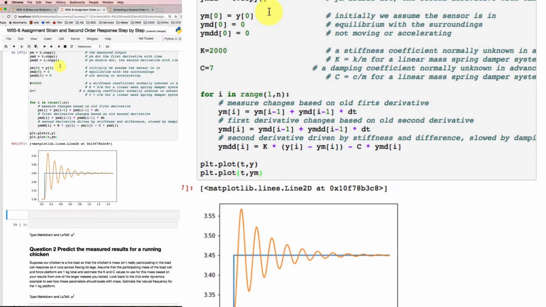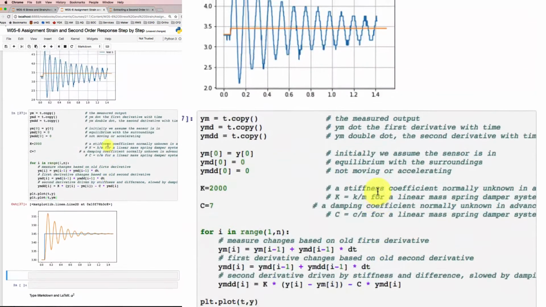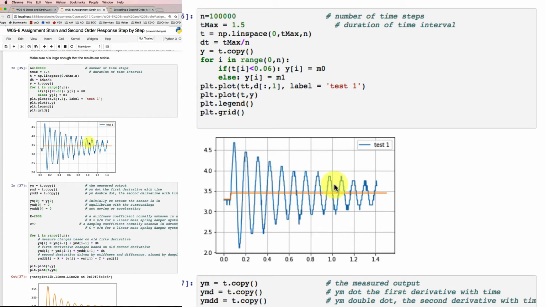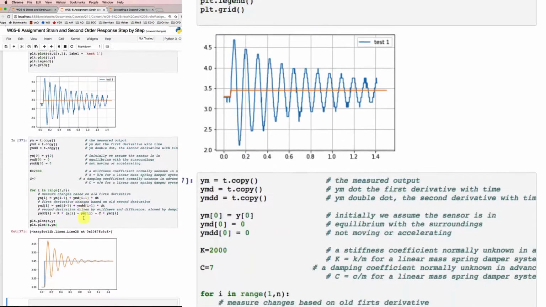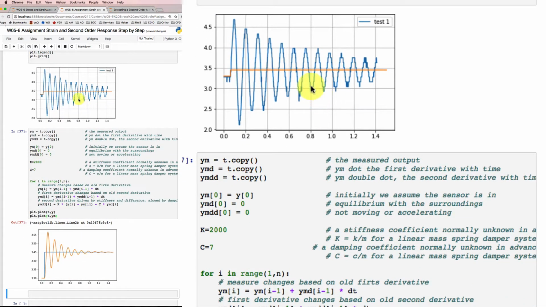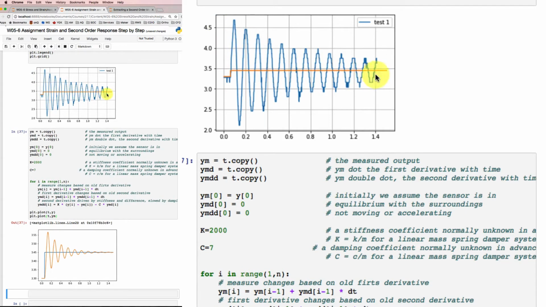And if I plot those, I get something that starts at 3.3 and winds up at 3.45. After the step function, it oscillates up and down like that. That looks a lot like that graph, that blue stuff. It's damping out faster than the blue stuff, but otherwise it's got a lot in common.